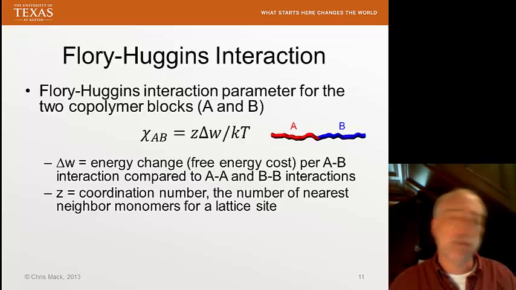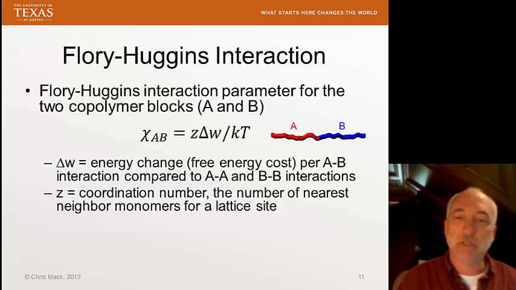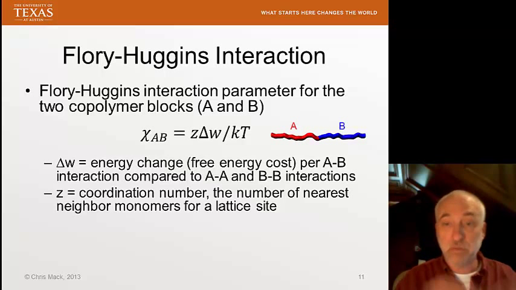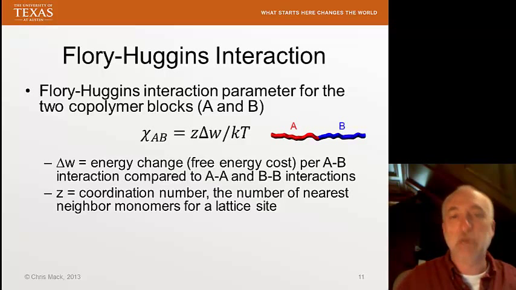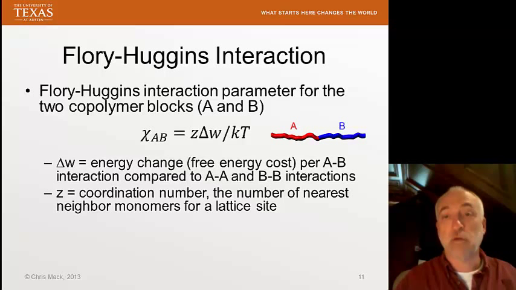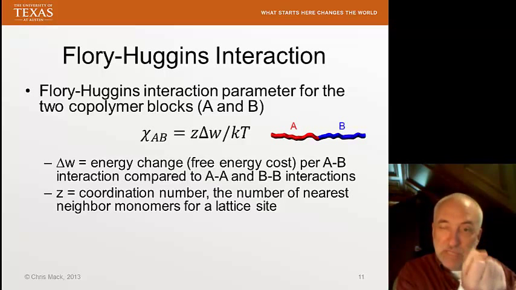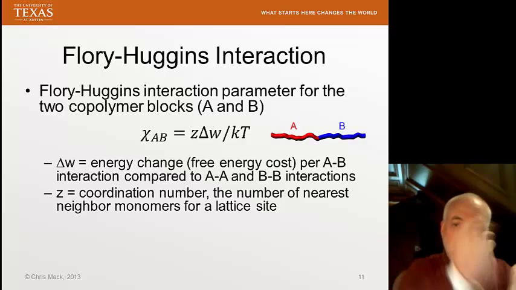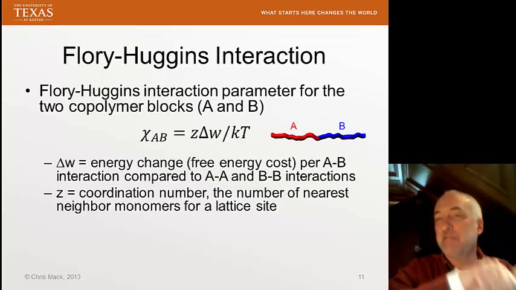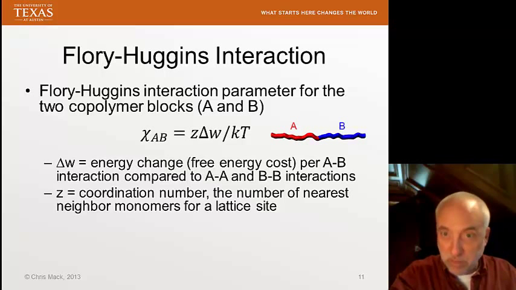Z is the coordination number, which has to do with the geometry of these polymers. So if I have a whole collection of block copolymers and I take one of these AB block copolymers and rotate it 180 degrees, how many different AB interactions are affected by that?